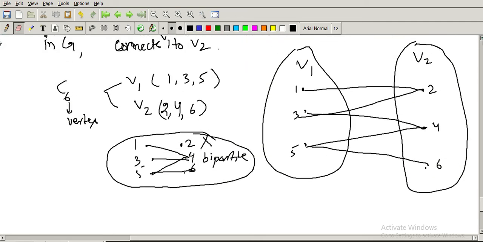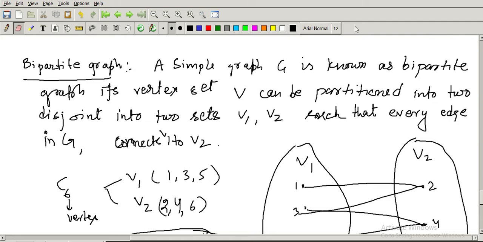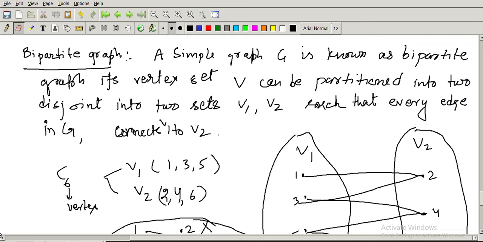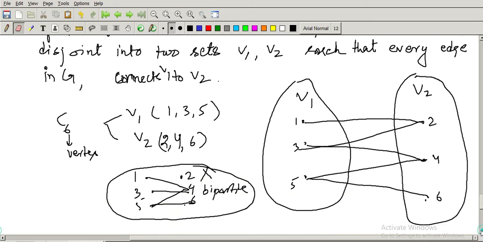In the last lecture we were discussing the bipartite graph, in which I said that a simple graph has some vertices, and these vertices can be partitioned into two parts, set A and set B, with connections between these two sets.